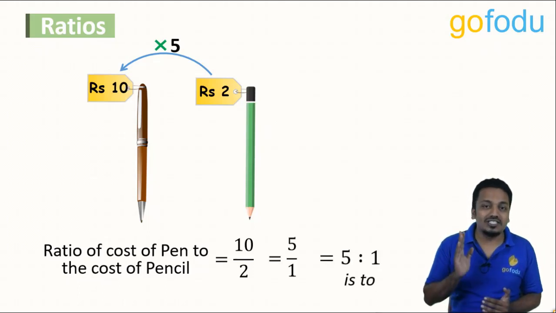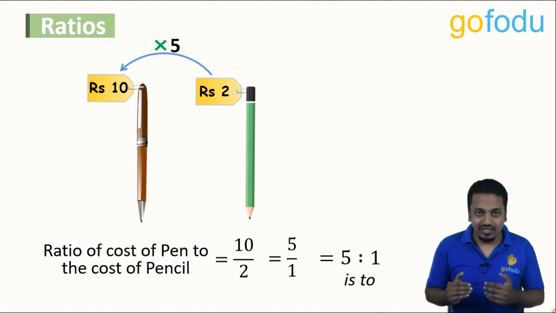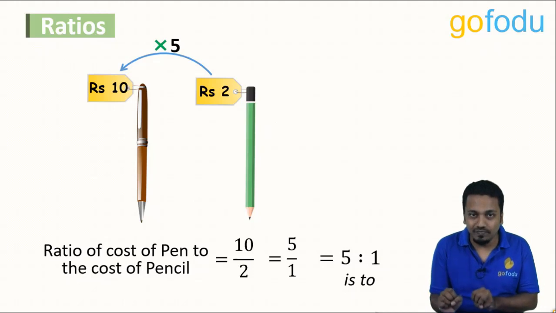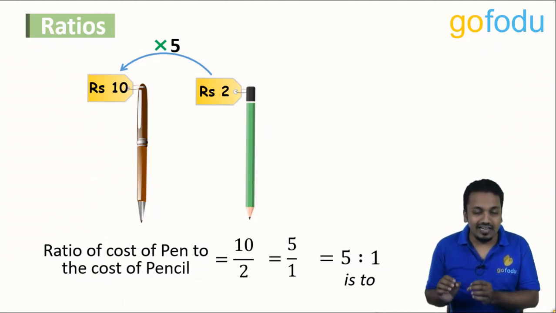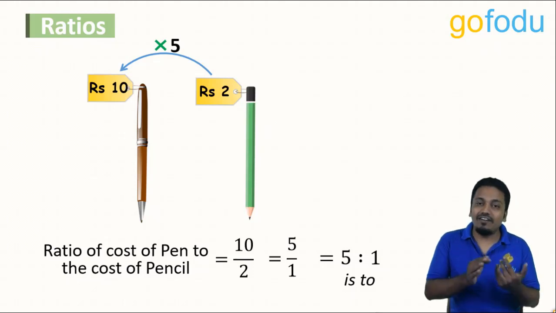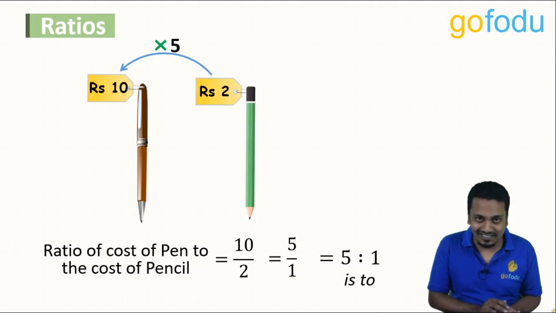The meaning would still be the same. If you divide both the terms of the ratio, 10 and 2, by 2, we get 5 is to 1, and this ratio still means the same thing. Price of pen is 5 times the price of pencil.